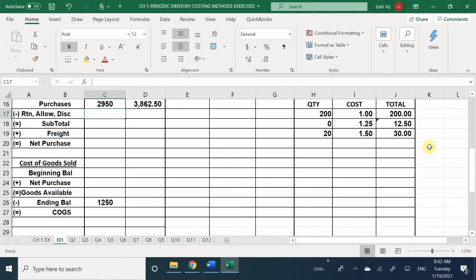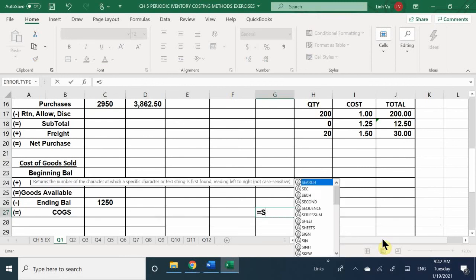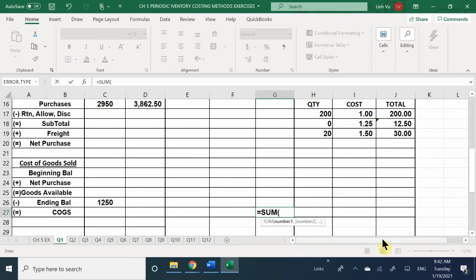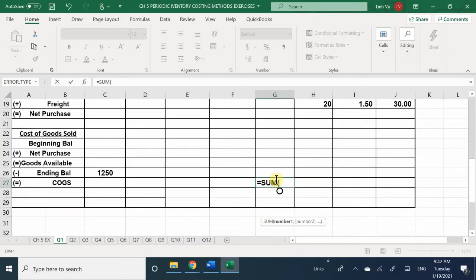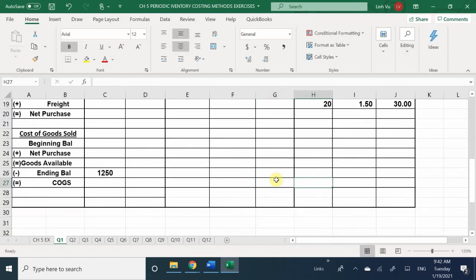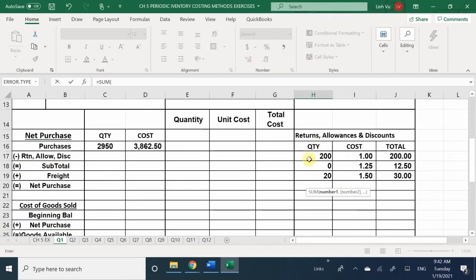Yes, 220. Did you say 250? 220. Okay. This is where I'm going to equal sum this column here, so I can get a more accurate number. Oh, I'm in the wrong column. Okay, equals sum. I'm going to make sure that this is true.